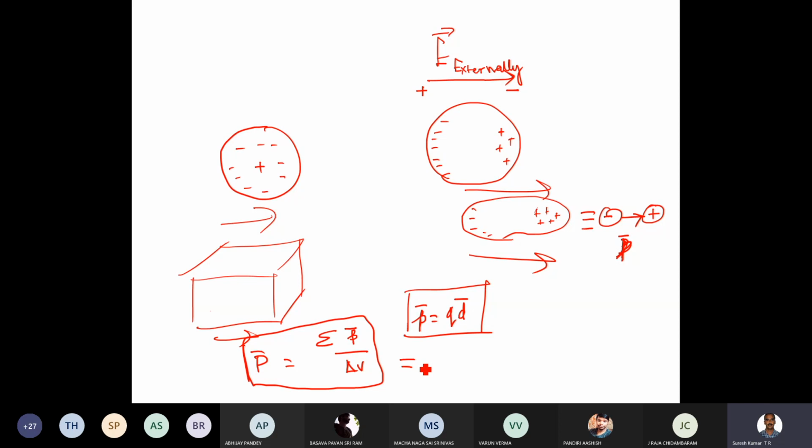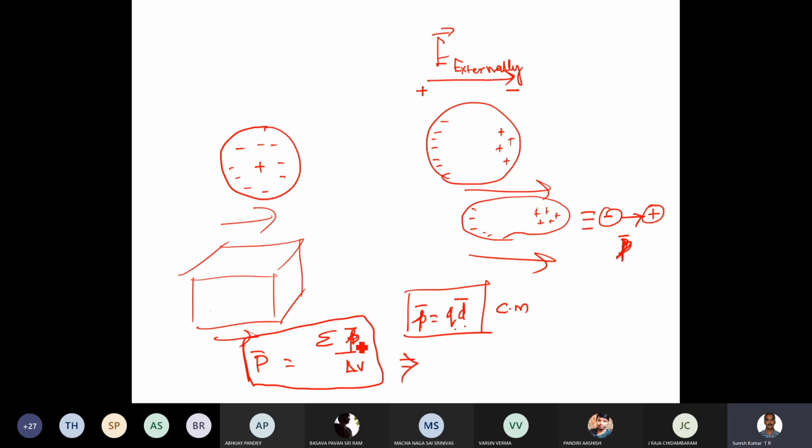Look at the unit; again, this unit will help you get some physical insight. The unit of dipole moment is coulomb meter. So what should be the unit of polarization?